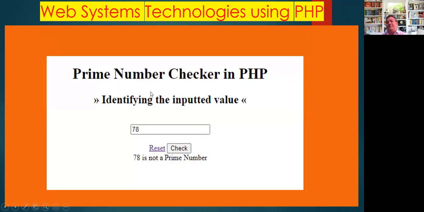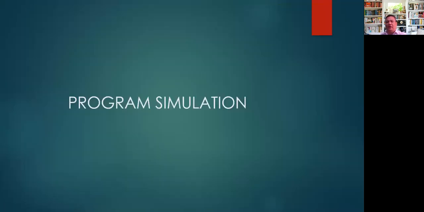Then the prime number checker in PHP identifies the inputted value. For example, if we input 78, it says that 78 is not a prime number. So okay, we may proceed to our program simulations.